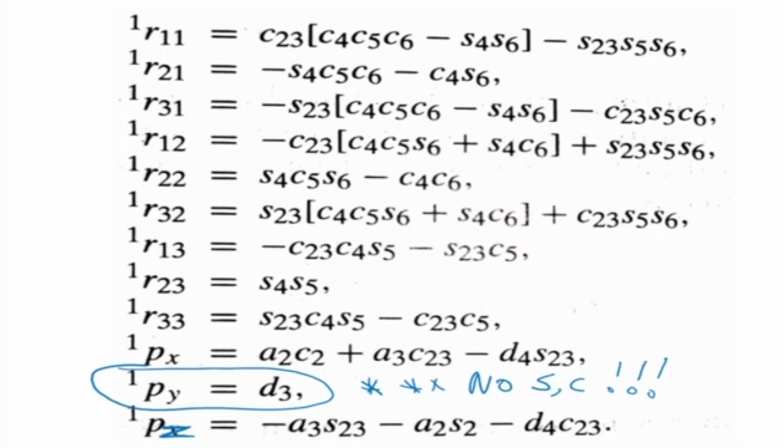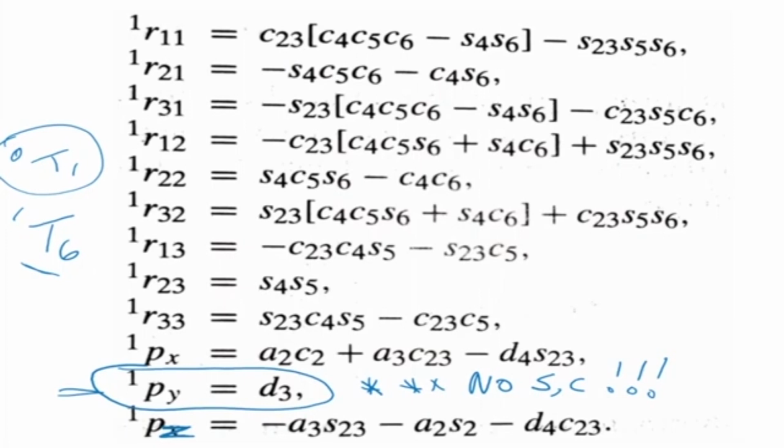Whereas in this particular case, because there is no sine or cos here, we may be able to solve from here. That is the reason why it was multiplied T1 to 6, and T0 to 1 is not there. So if I'm multiplying 1 to 6, then we end up in this structure with this term PY, which does not have any cos and sine terms.